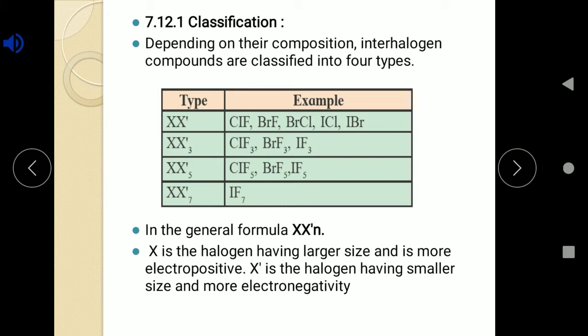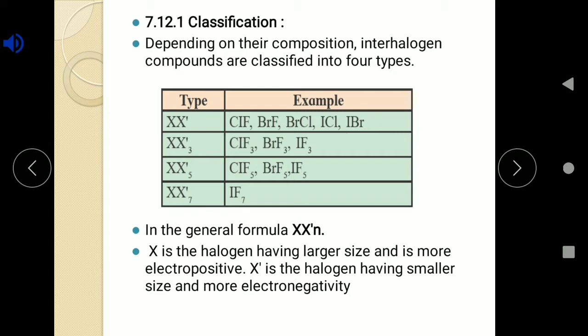And if we consider chlorine and bromine, bromine is at the lower side, more electropositive and larger in size, so bromine will always be X as compared to chlorine. Hence, BrCl is possible.